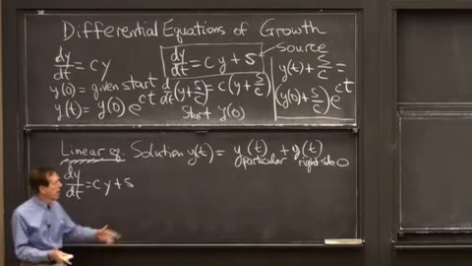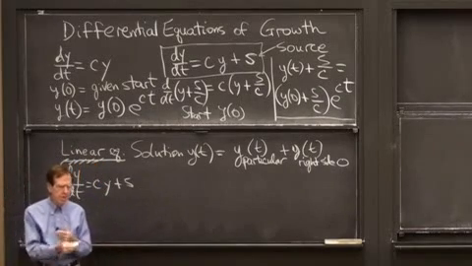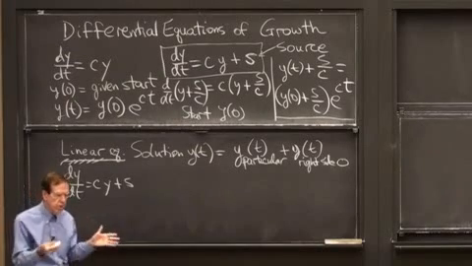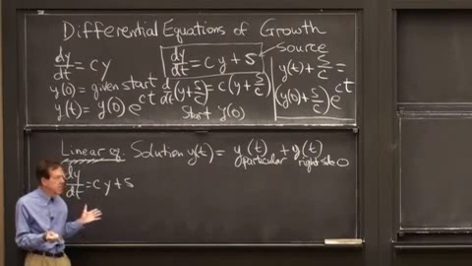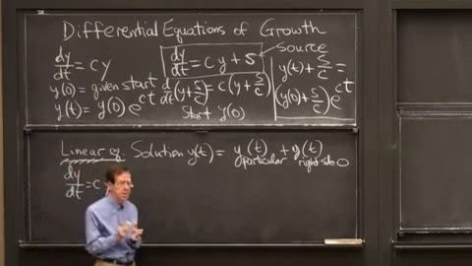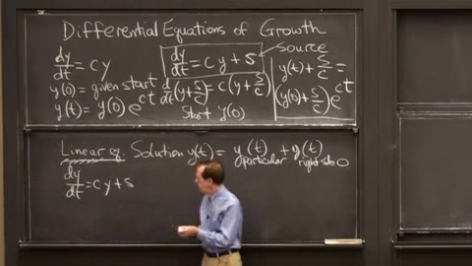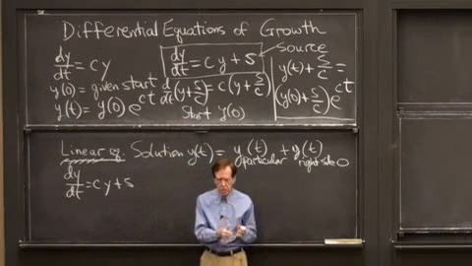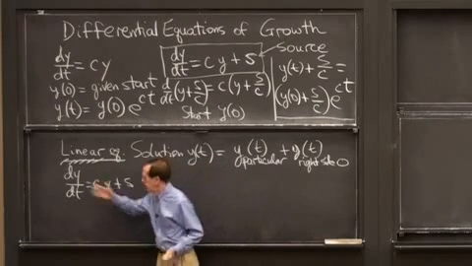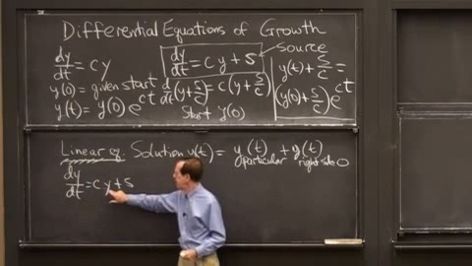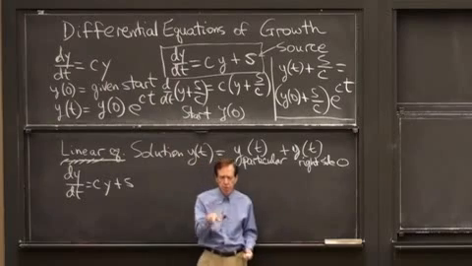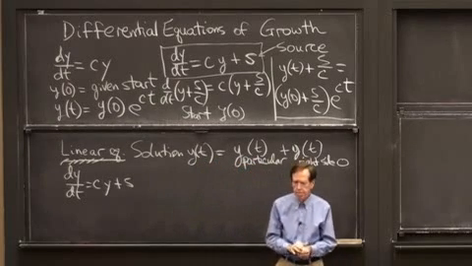First, let me look for a particular solution. That means just any function that solves the equation. Well, the simplest function I could think of would be a constant function. And if my solution was a constant, its derivative would be 0, so c times that constant plus s would be 0, right?